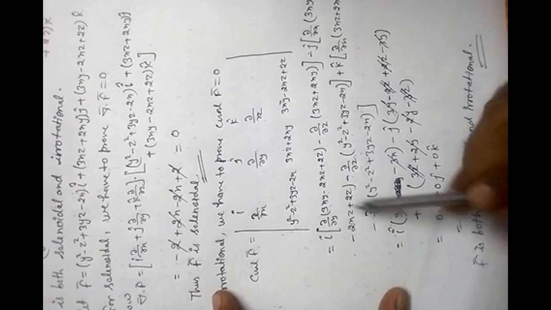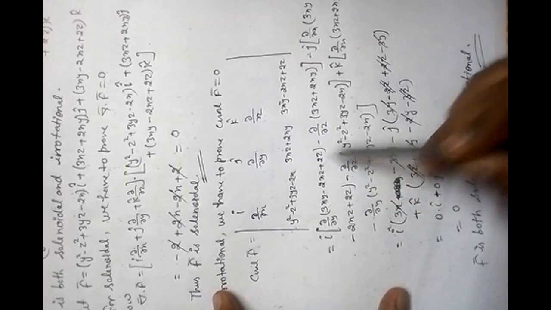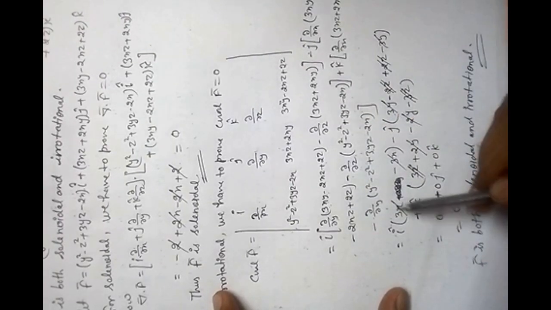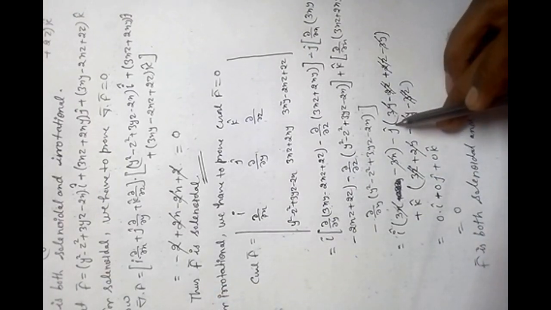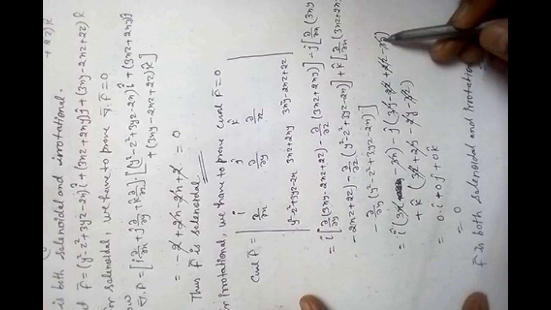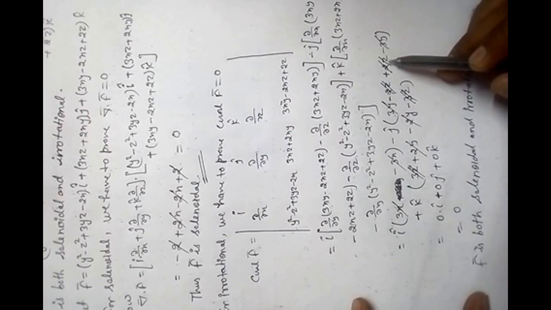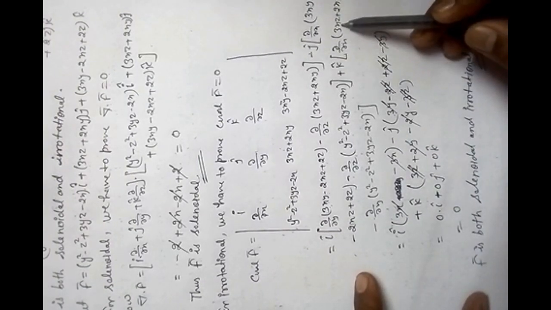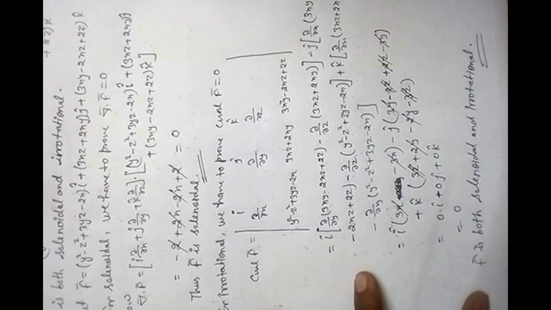Okay, so we get y means 3x, others 0, z means 3x and others 0, so 3x 3x cancel out. Similarly, in the coefficient of j, 3y cancel out and 2z cancel out. Similarly, in the coefficient of k, again differentiate x means 3z and this is 0.